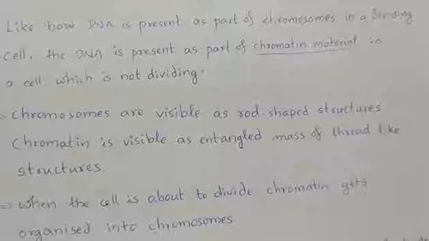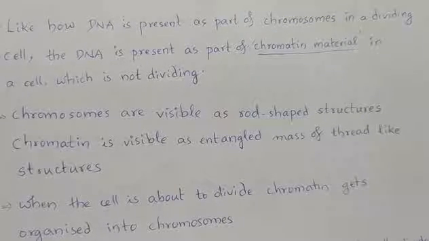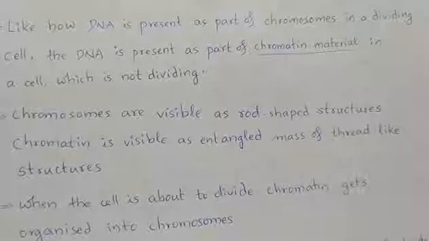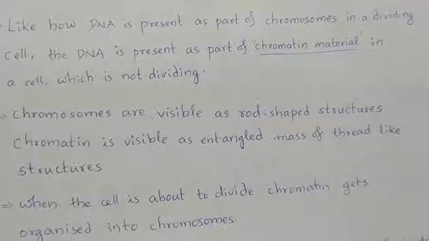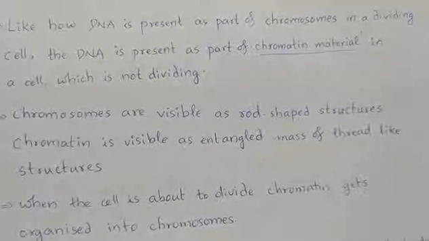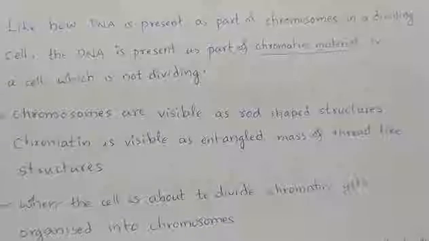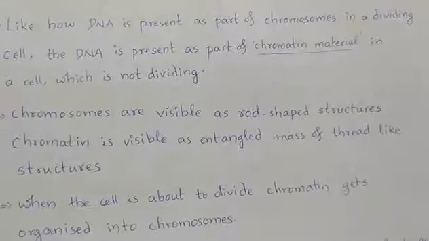So DNA is present as part of chromosomes when the cell is in its dividing condition, whereas the DNA is present as part of chromatin material in a cell which is not dividing.